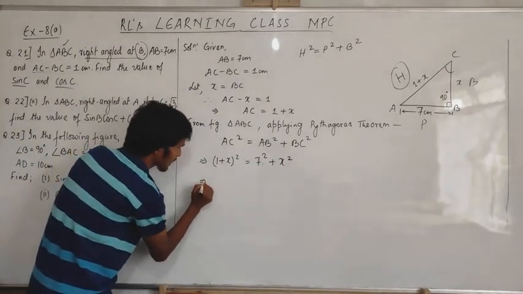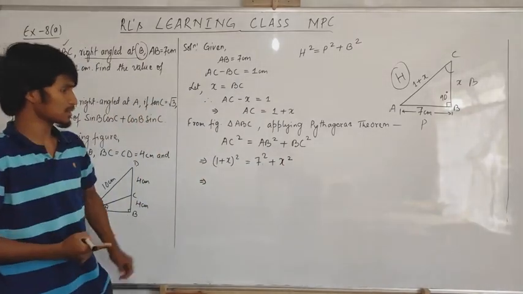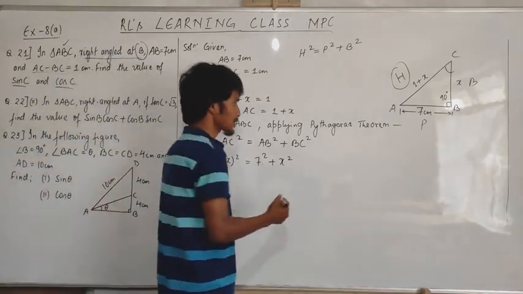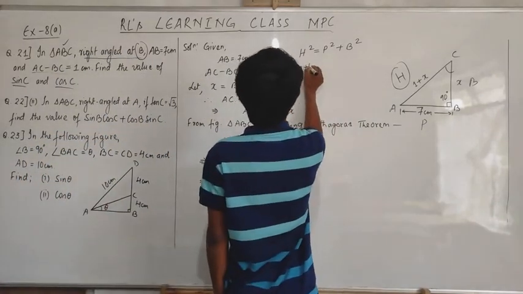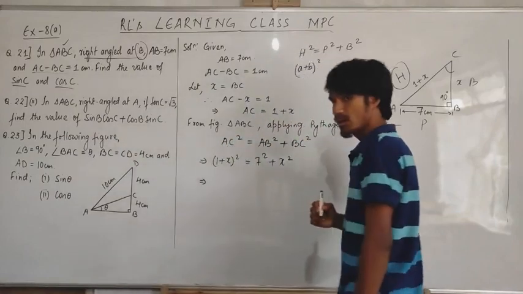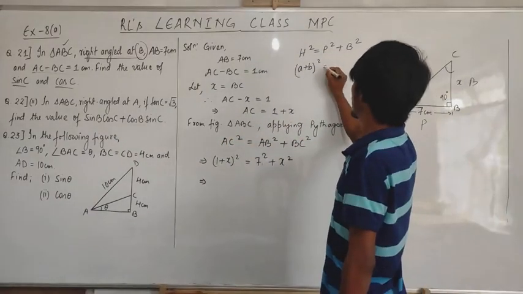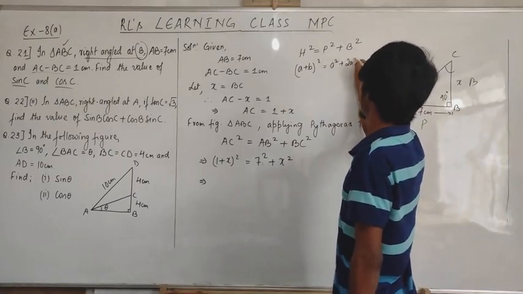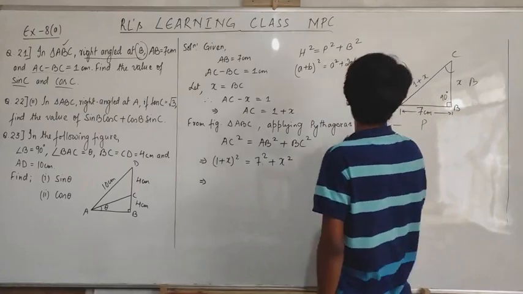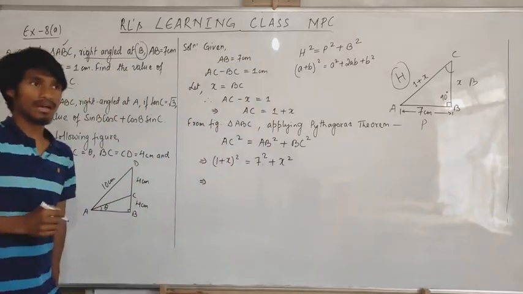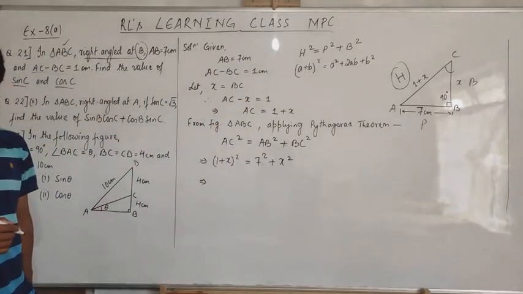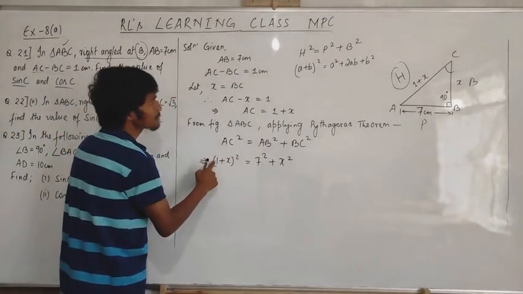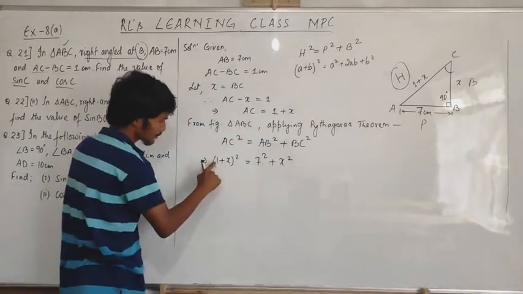Okay, let's factorize. Now this one, (1 plus x) whole thing square, is like (a plus b) whole thing square. You already know from the previous class that (a plus b) whole square is a square plus twice ab plus b square. Now this one will act as a, and this one as b.